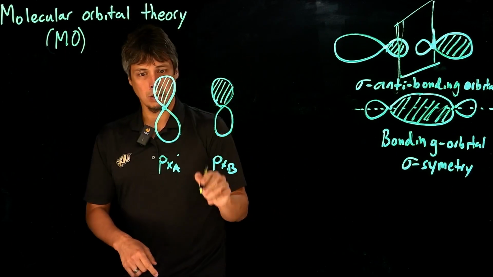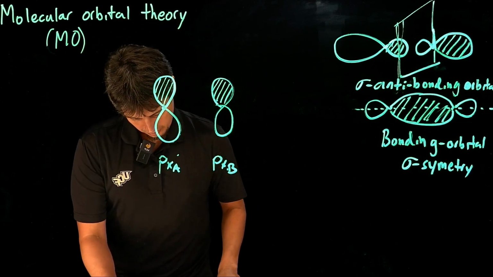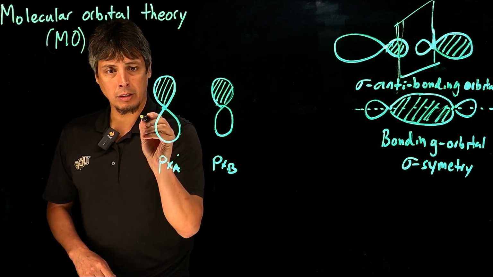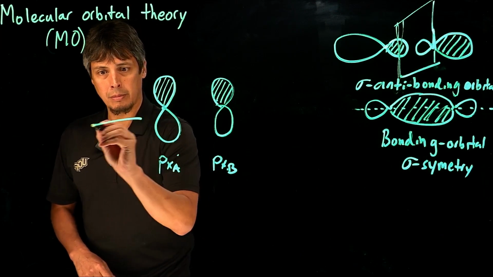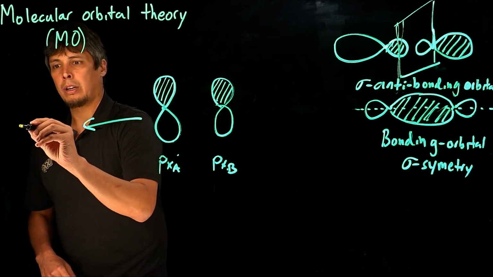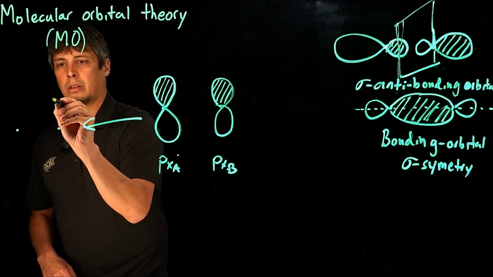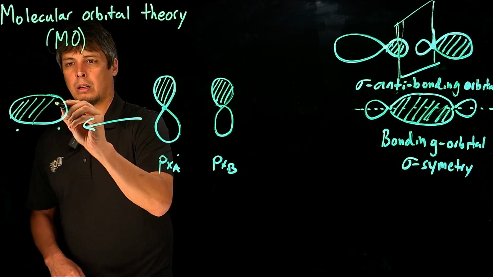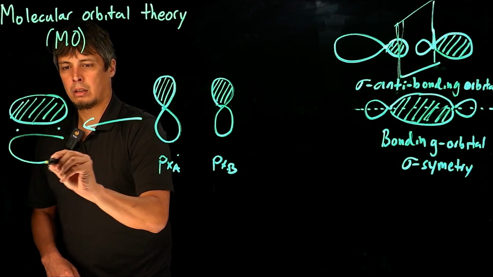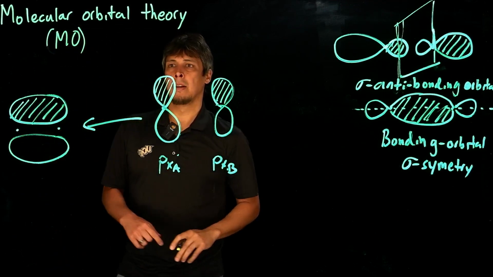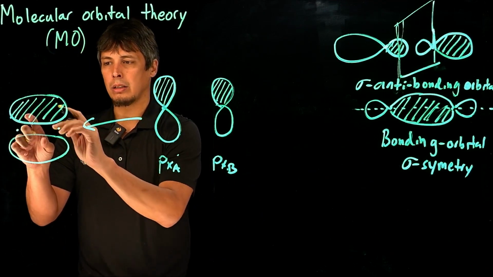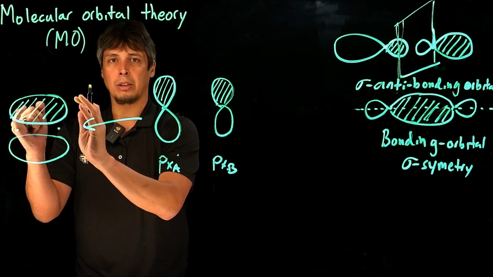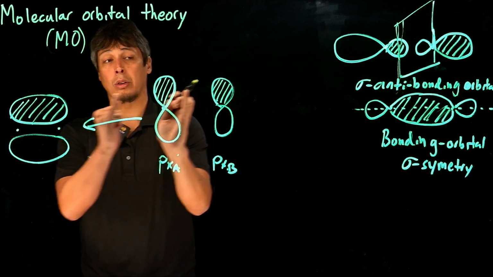In this case, what we end up with is constructive interference. These are two nuclei, and we get a lobe like this. Again, there's density in the regions between the two nuclei where there wasn't before.